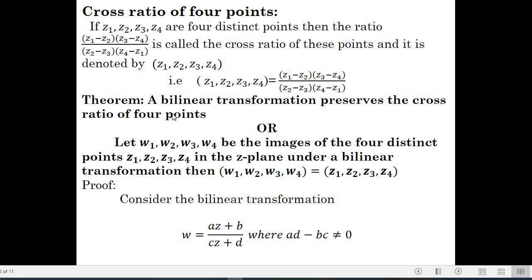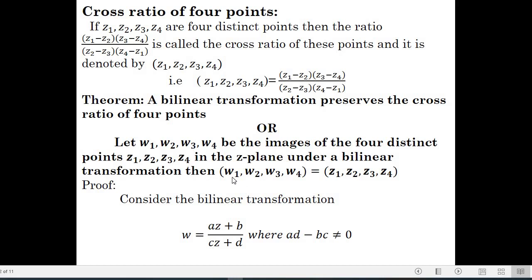So by using this, we prove one of the important theorems in bilinear transformation. A bilinear transformation preserves the cross ratio of 4 points, or this theorem can also be stated as: let W1, W2, W3, W4 be the images of the 4 distinct points Z1, Z2, Z3, Z4 in the Z plane under a bilinear transformation.